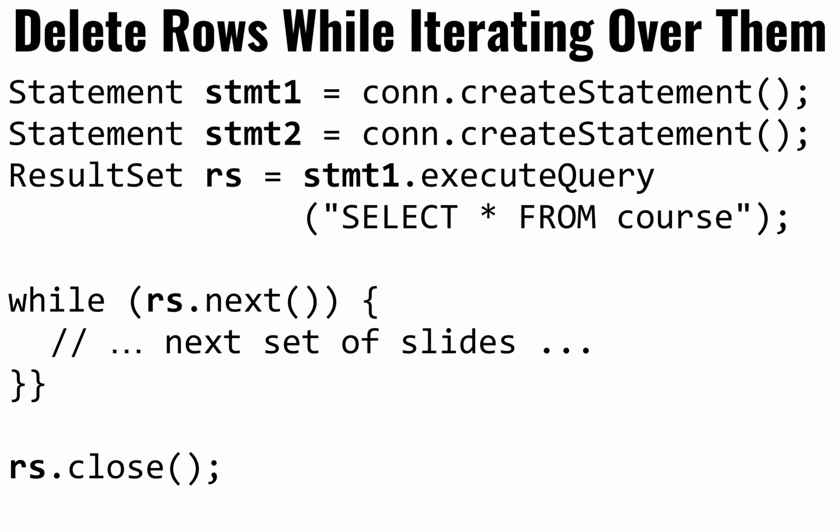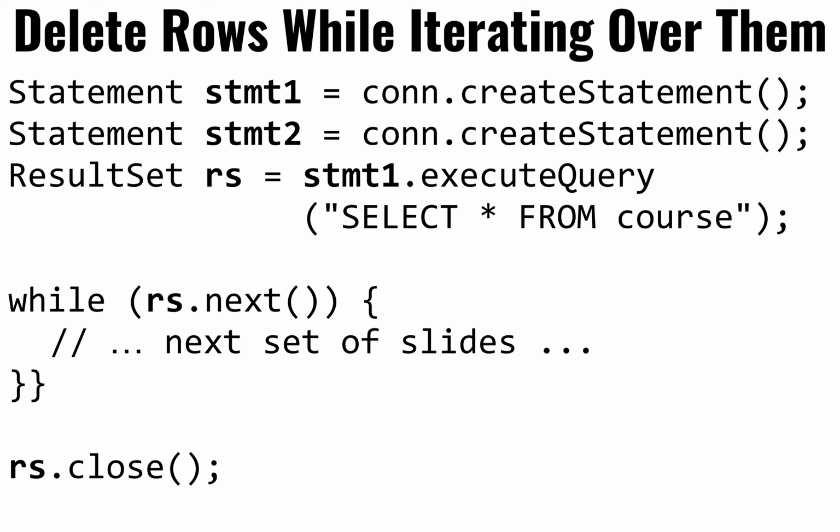Meanwhile, we have a second statement that, as it iterates in the outer loop over the result set, is going to try to remove records depending on some criteria, which messes up the original outer loop, because they're both operating on the same data set and the same rows.